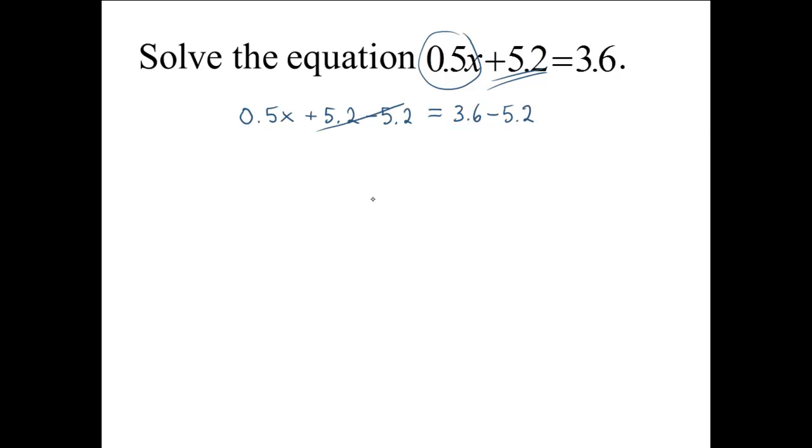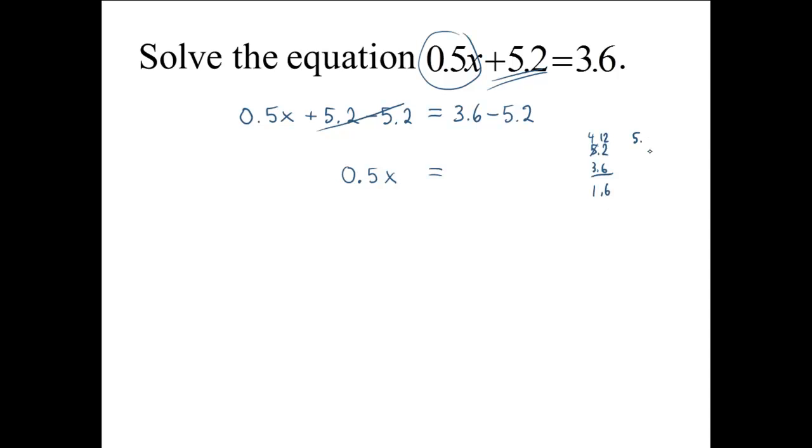5.2 minus 5.2 is 0. We have 0.5x equals 3.6 minus 5.2. And the quick way to do this is to take the greater minus the lesser. 5.2 minus 3.6. 12 minus 6 is 6, decimal point 1.